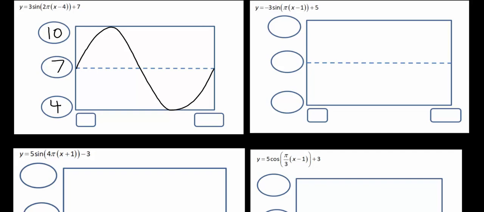Now, if we want to see a start for a typical period here, normally the sine starts at 0. But we want to see where would it start after all these transformations? Where is the point x equals 0? In other words, divide by b and add c. So what we get is 4.